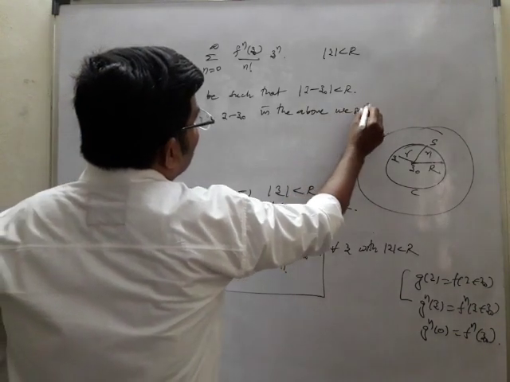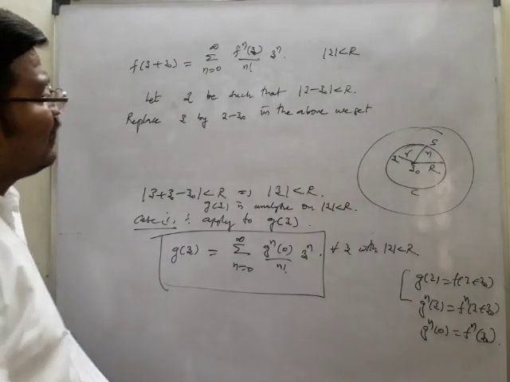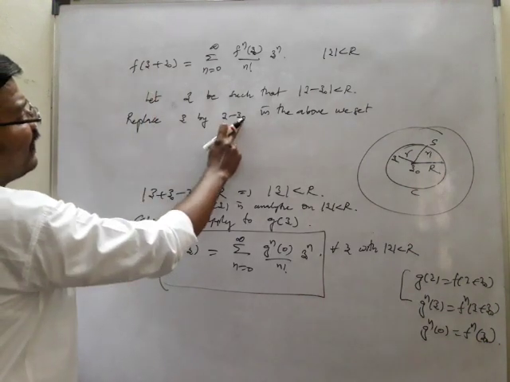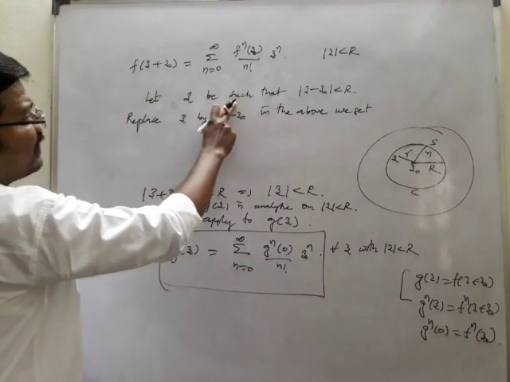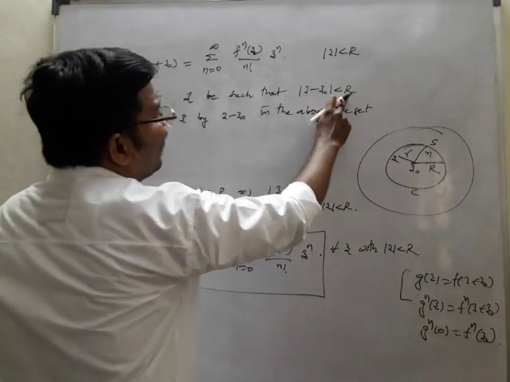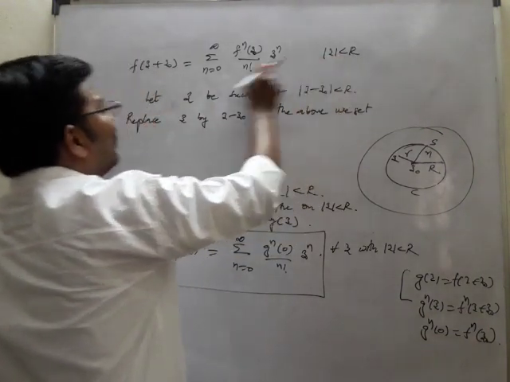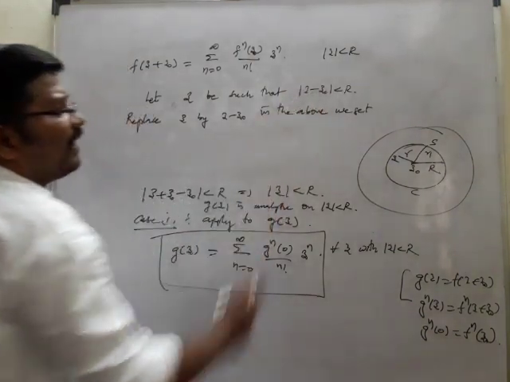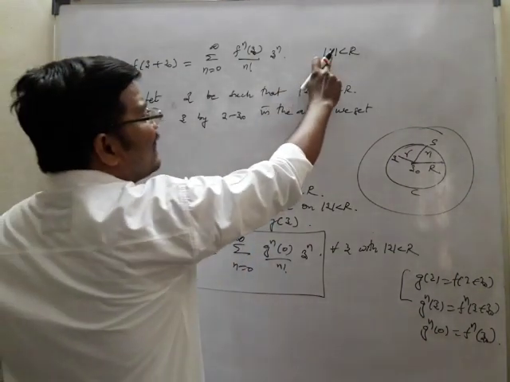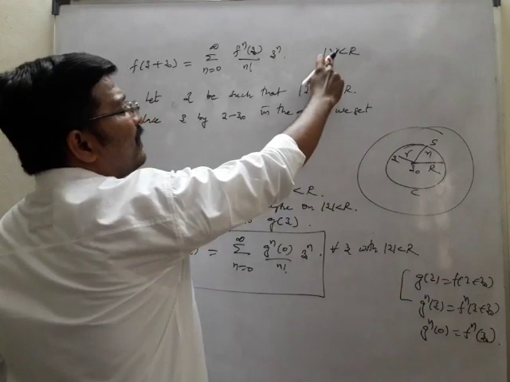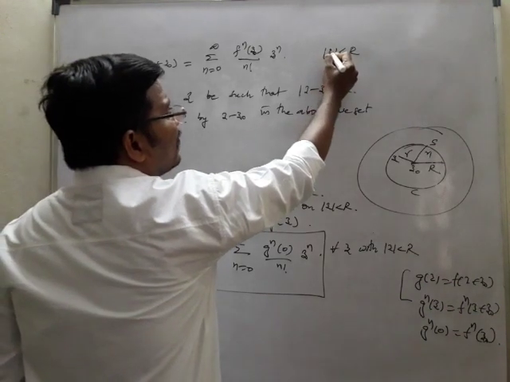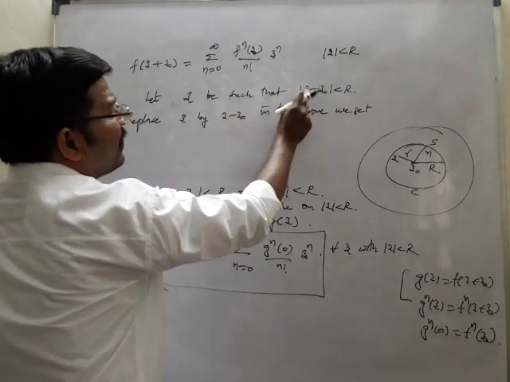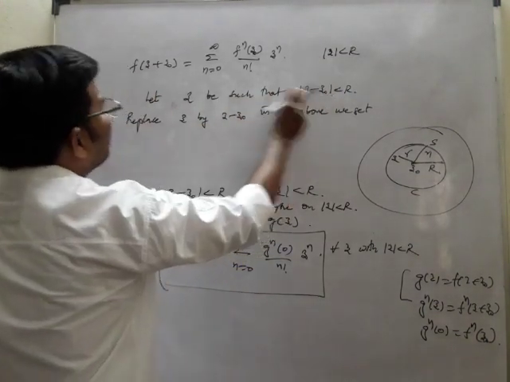In the place of z, you can write z minus z naught, because mod z is less than r is already proved. So we have chosen again the disk, which is nothing but z minus z naught, that is z minus 0 in the place of z naught. So in the place of z, we are substituting z minus z naught.